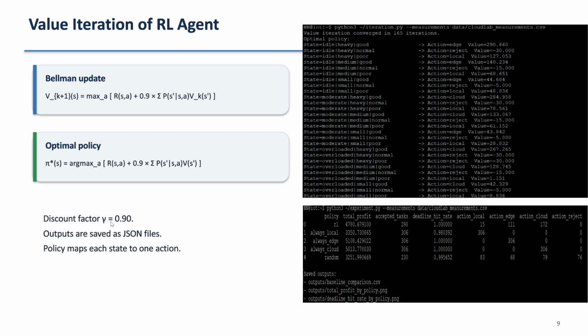The discount factor gamma is equal to 0.9. The output of the optimal policy is saved as a JSON file, and the policy maps each state to one action. Here's the optimal policy results, and here are the RL agent measurement results.